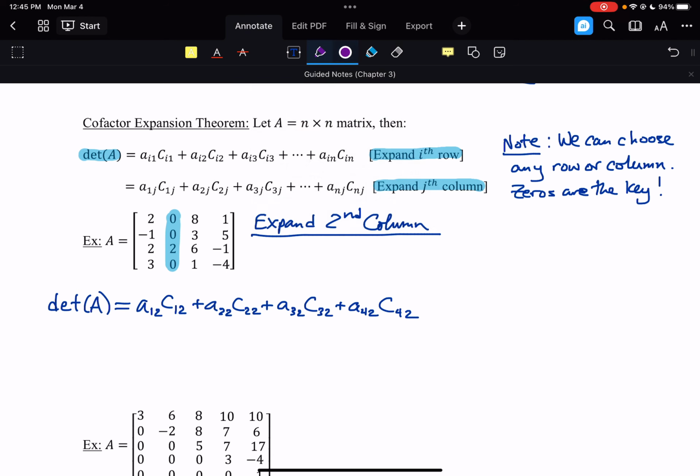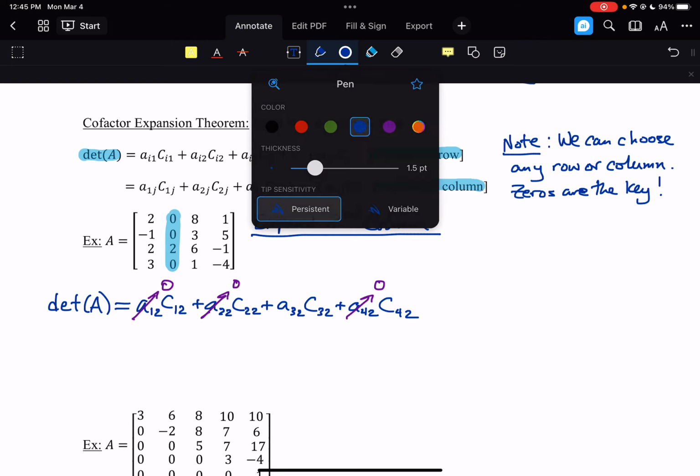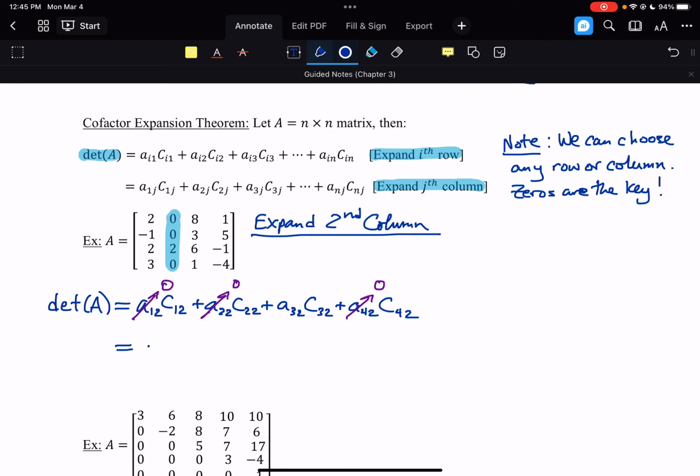So theoretically, we would have to compute 4 different cofactors to do this, but A12 is 0, A22 is 0, and A42 is 0. So all we really have to do is compute A32 times C32. So we do have to get one cofactor. So we're going to get C32.